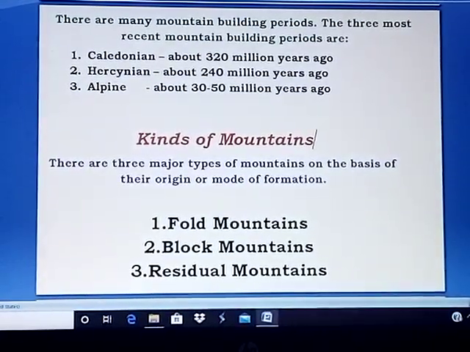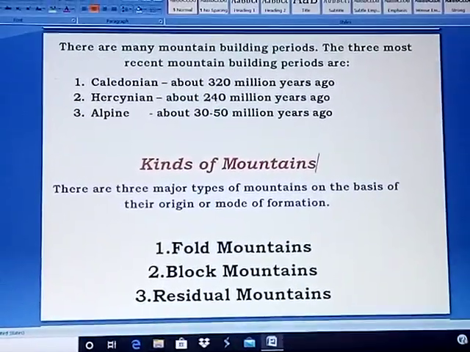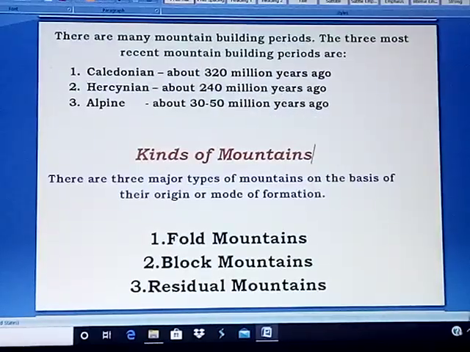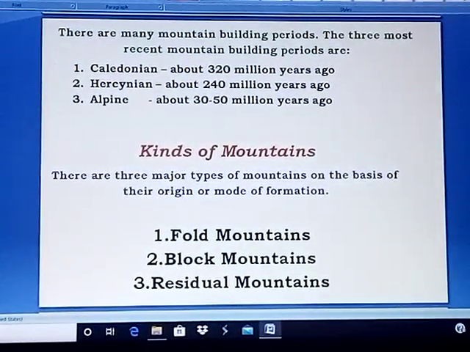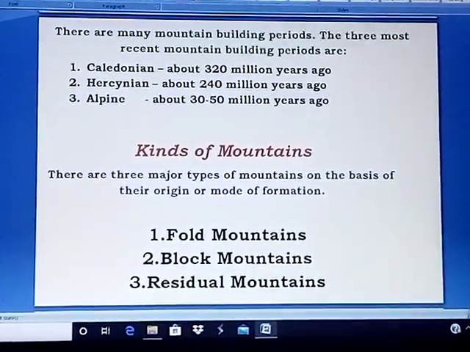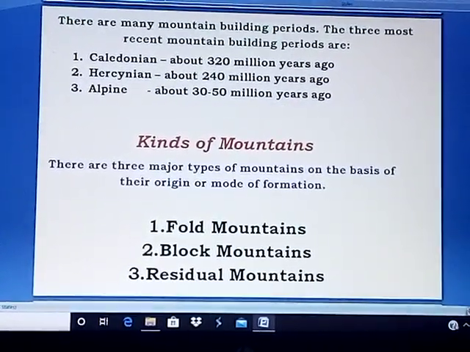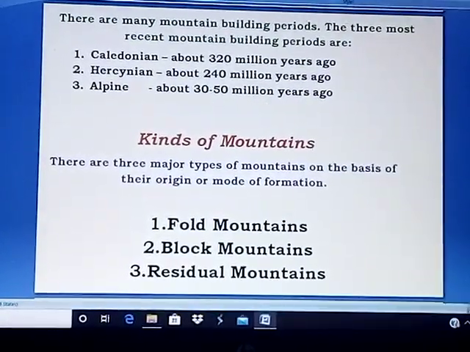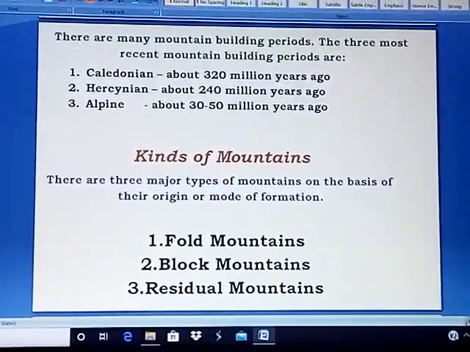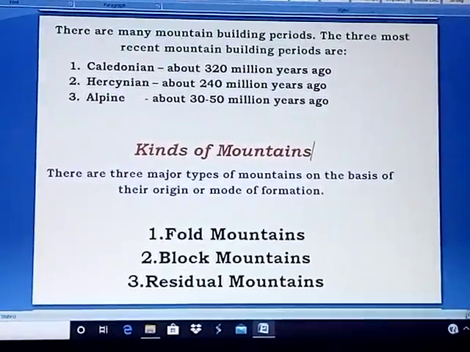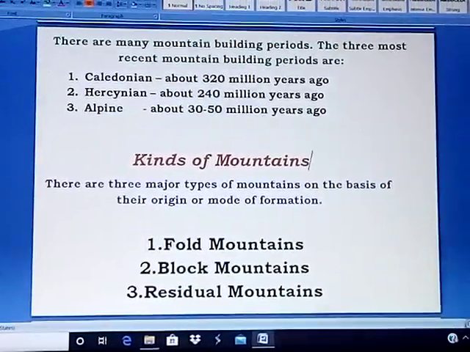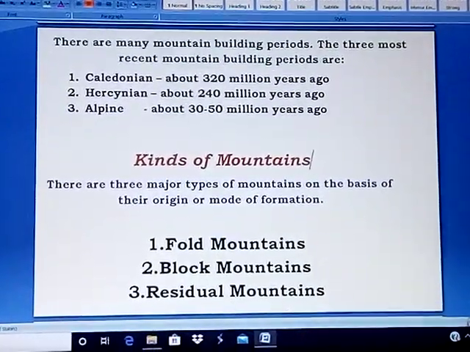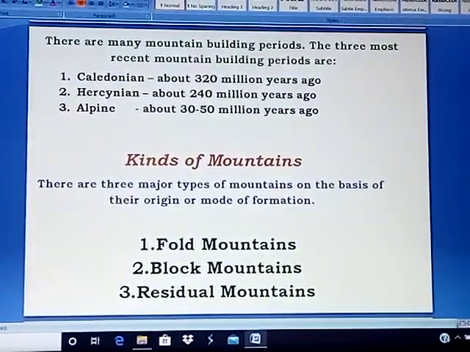Now there are many mountain building periods. The three most recent mountain building periods are what we discuss particularly in this part of geography. It doesn't mean there are only three periods. There are many periods. But these are the three most important, recent ones, that we will take into our discussion.